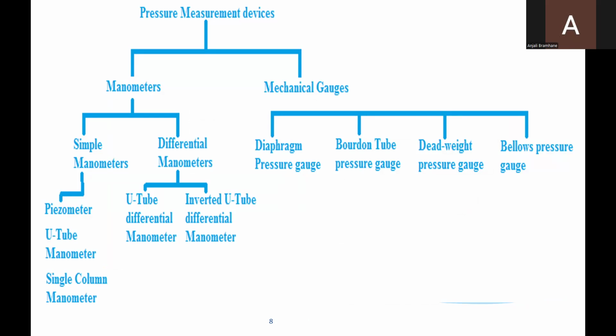Differential manometers are of two types, U-tube and inverted U-tube. Mechanical gauges include the diaphragm pressure gauge, Bourdon tube pressure gauge, dead weight pressure gauge, and bellows pressure gauge.